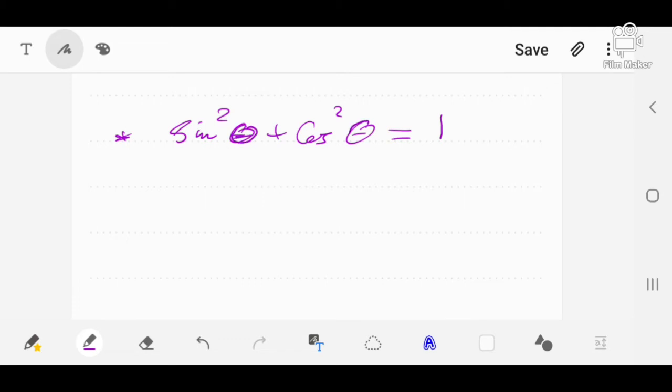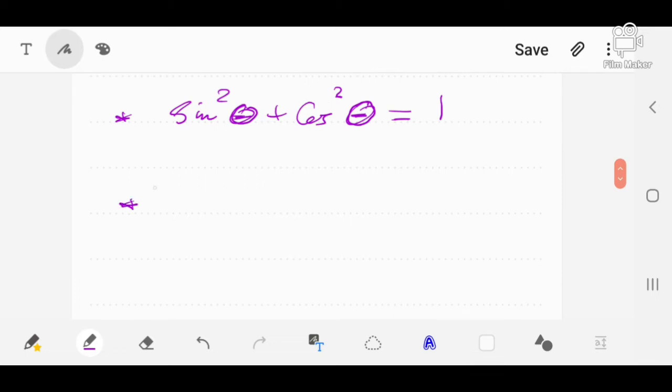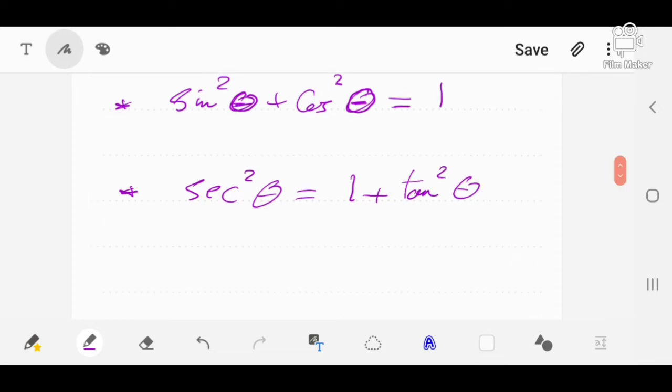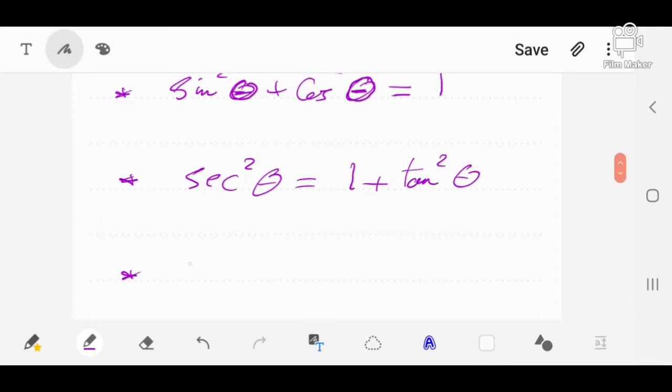So sine squared plus cosine squared for any angle will always be equal to 1. Same thing happens with secant squared. Secant squared is always equal to 1 plus tan squared theta, and cosecant squared is equal to 1 plus cotan squared theta.